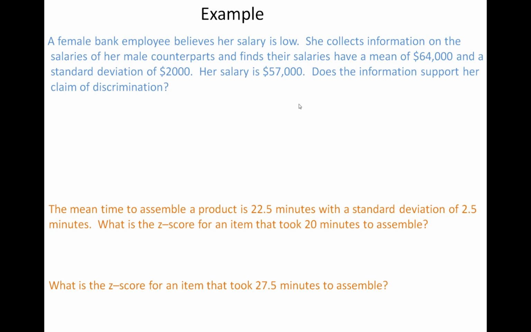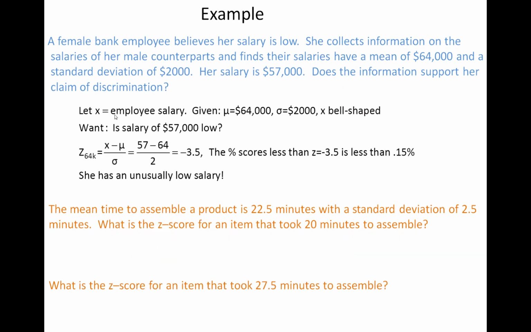So you can apply the empirical rule if the assumption is made that the salaries are bell-shaped. If the salaries are not bell-shaped, the empirical rule does not apply. So that would have to be true of the data in order to apply the empirical rule. So the question here is, does the information support her claim of discrimination?